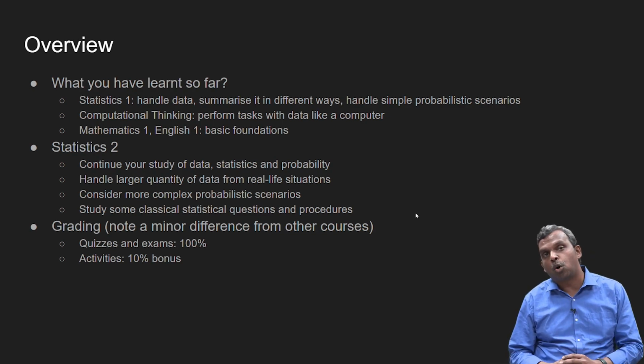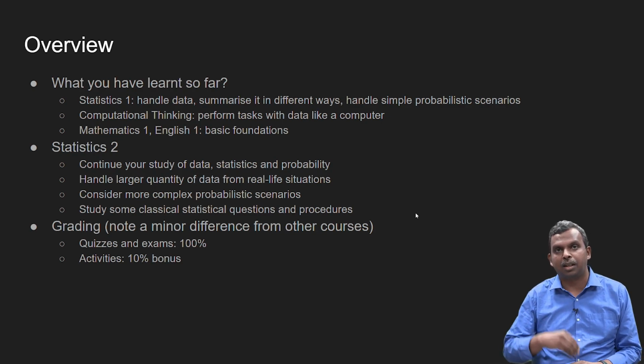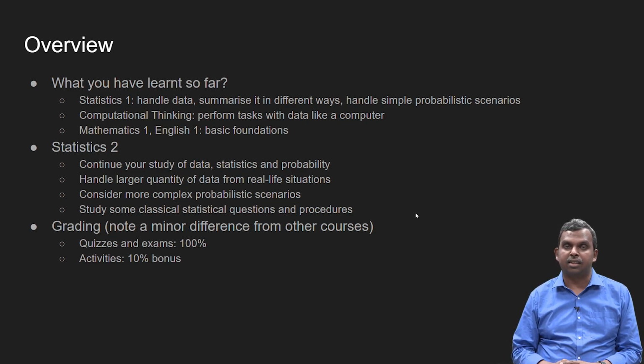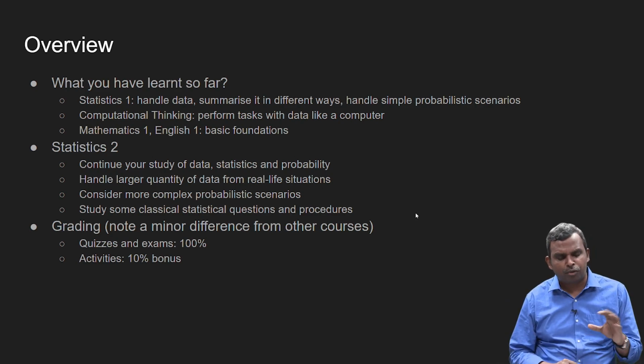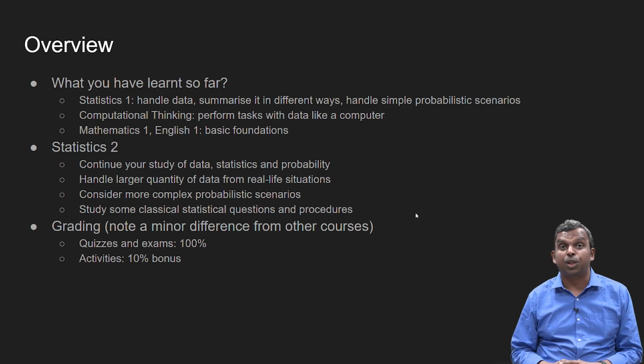We'll also consider more complex probabilistic scenarios, slightly more advanced probability, and study very important classical statistical questions and procedures. The formal syllabus of the course will be made available to you as a document, as a spreadsheet. You can look at it later when you have time, but roughly this is the idea of the course.